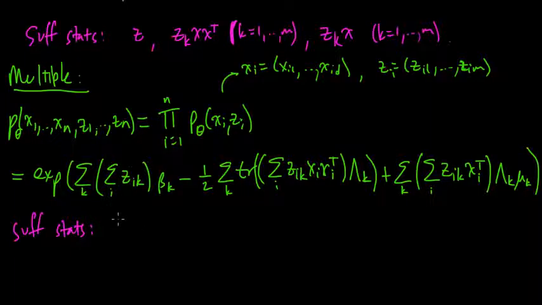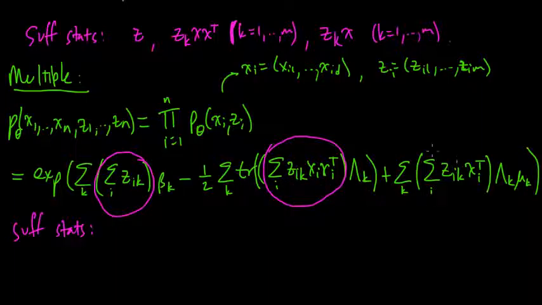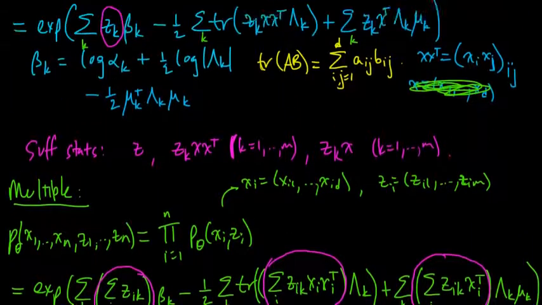It's the sum over i of z_ik, the sum over i of z_ik times x_i transpose, and the sum over i of z_ik x_i. So these are sufficient statistics. And now that we got our hands on the sufficient statistics for EM, we're in good shape.